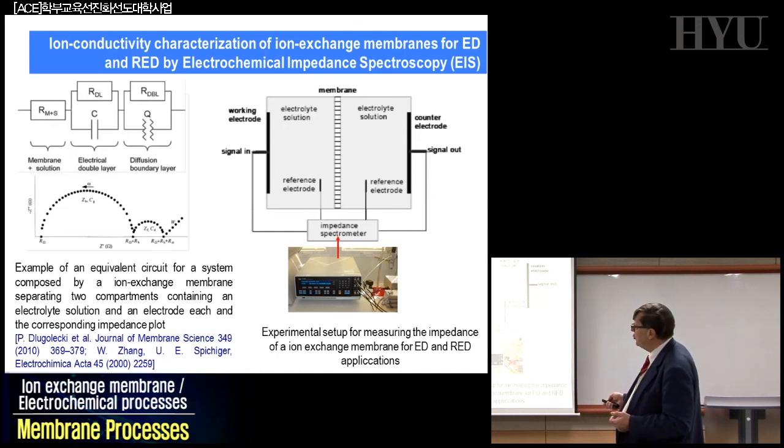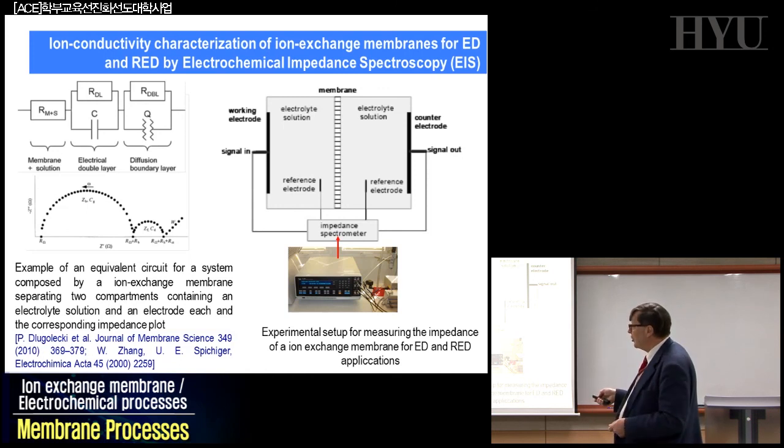Because if something is changing in this value with time, it is evidence that something is happening at the boundary layer system. It does not happen just in the membrane itself, or just in the solution. Solution is all the same. Membrane is all the same.